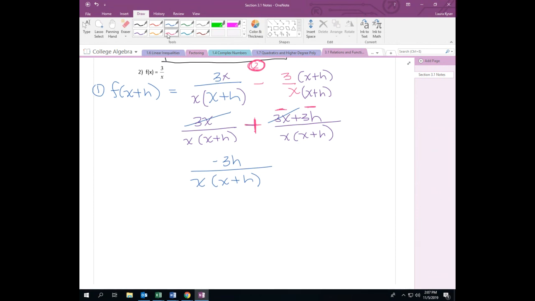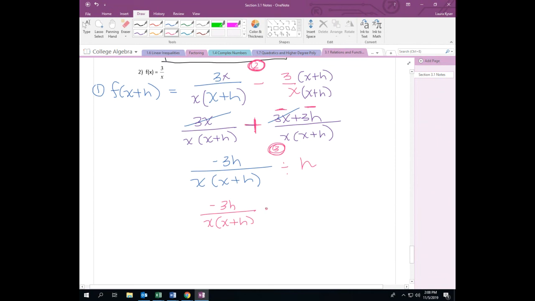And then step 3 says, last step, I'm supposed to divide by h. Now, since this is a rational expression, instead of dividing by h, I'm going to multiply by the reciprocal. So negative 3h over x times x plus h.